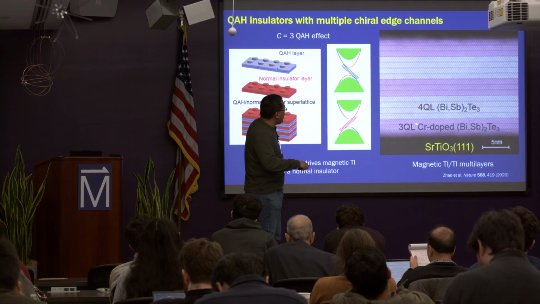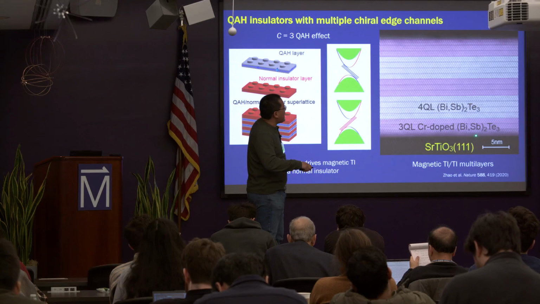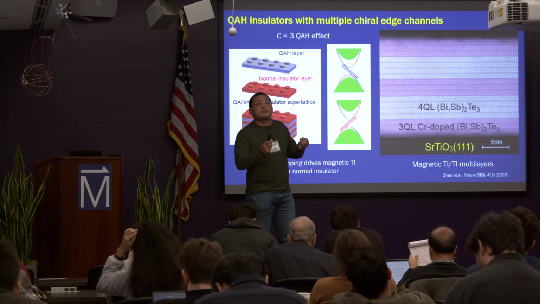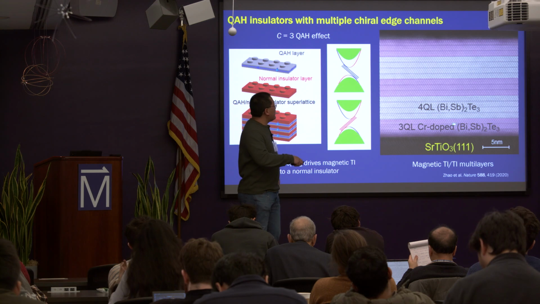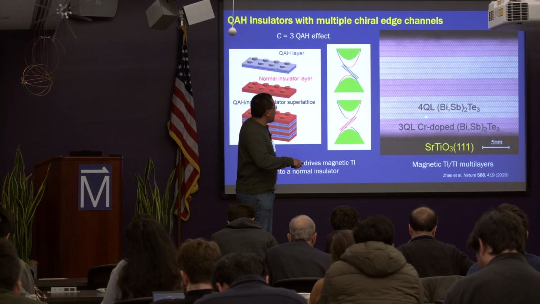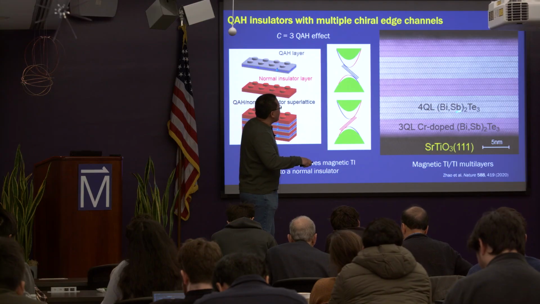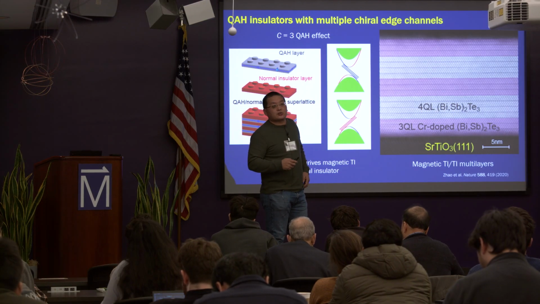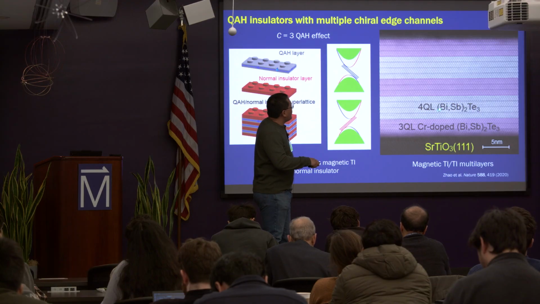If we heavily dope chromium into the bismuth antimony telluride, we could greatly reduce the spin orbit coupling and drive this layer to become a normal insulator. But this normal insulator shares a similar lattice constant and lattice structure with the undoped film.